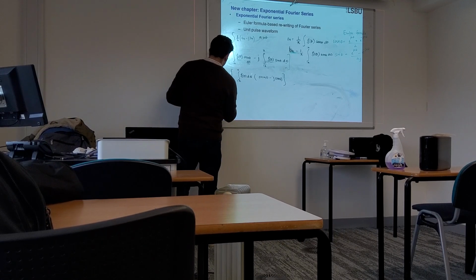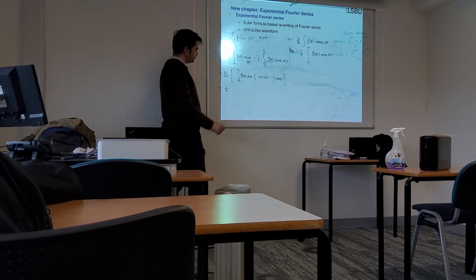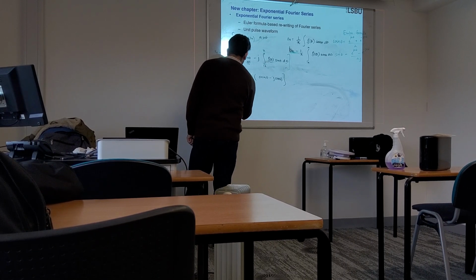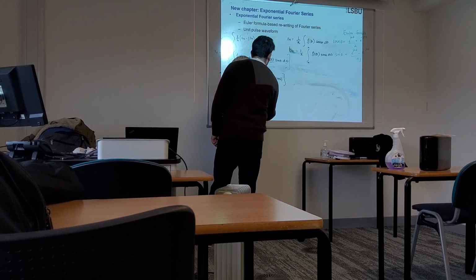Okay, so finally, if I move further, I write it as the integral from minus pi to pi of f of theta d theta, and here cosine of n theta minus j sine n theta.